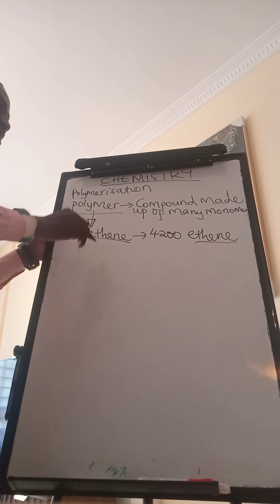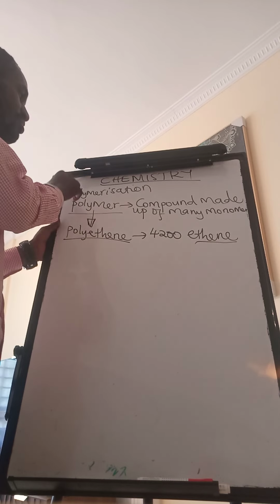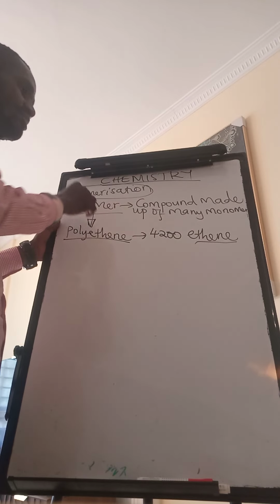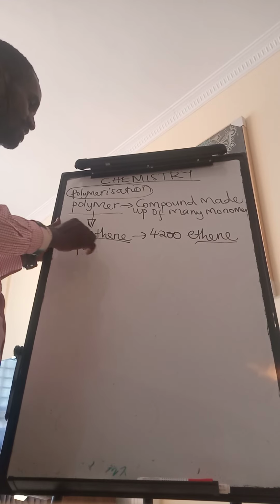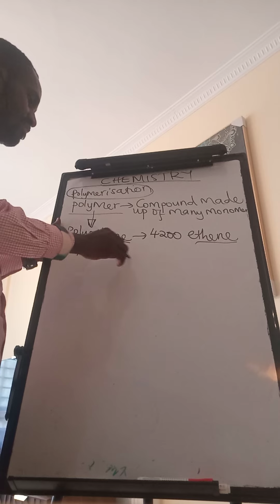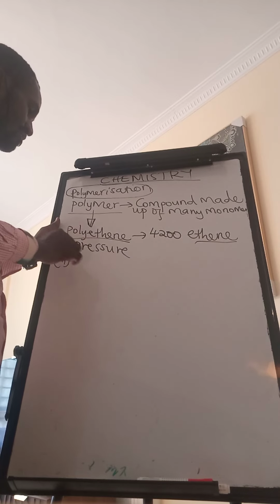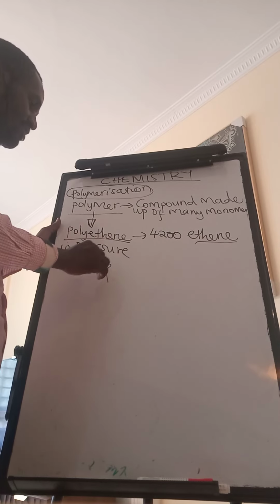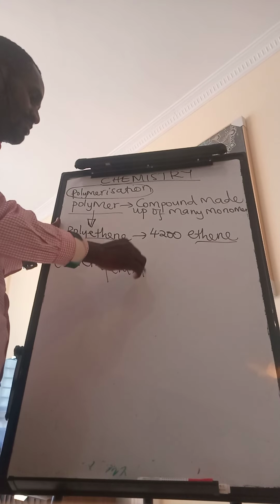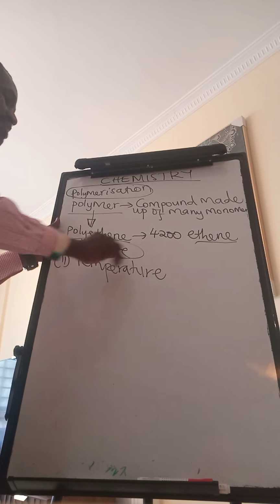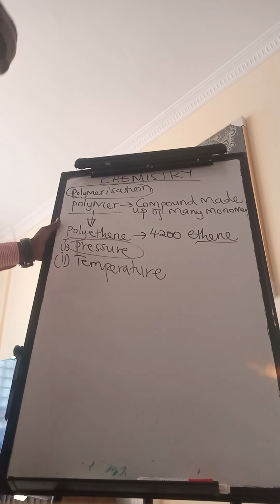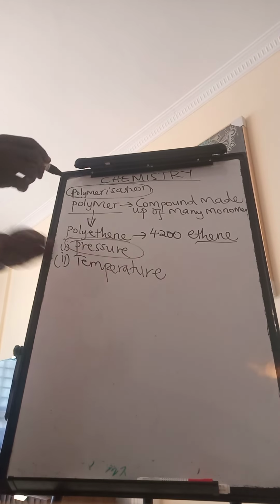For this type of polymerization to occur as an industrial process, we have to employ two very important concepts. Number one, pressure, but at the same time, temperature. Of course, pressure gets considered most when referring to reactions involving gaseous compounds.